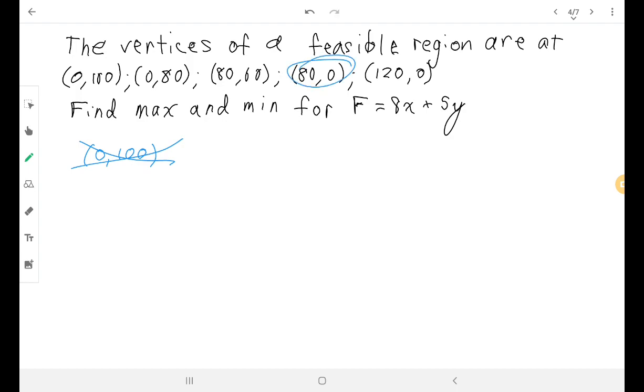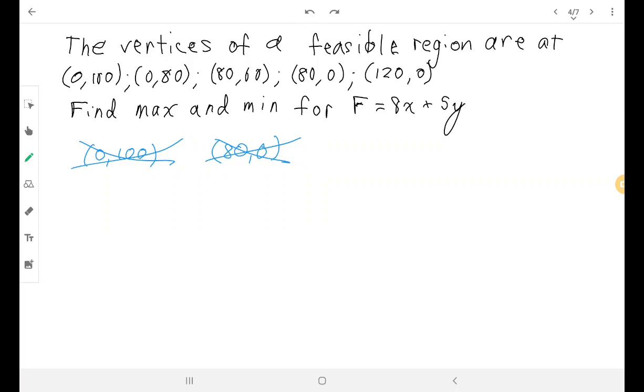And then between these two, certainly this one's going to come out bigger, so I can also throw out 80, 0, because it can't be the smallest, because that one's got to be smaller, and it can't be the biggest, because that one's got to be bigger. So there's two that I have been able to throw out completely.